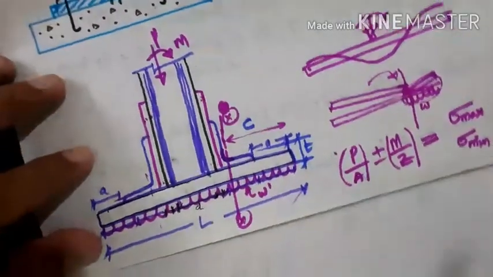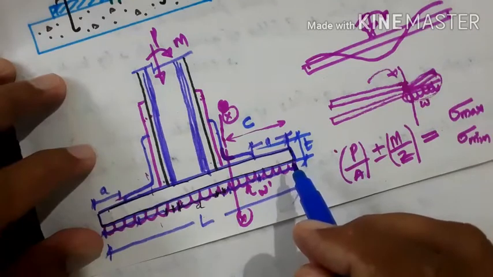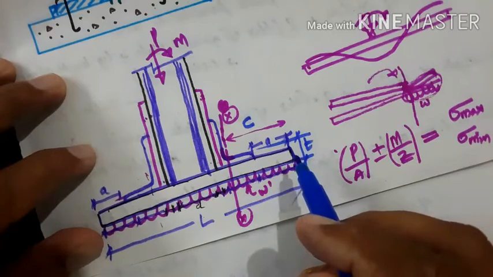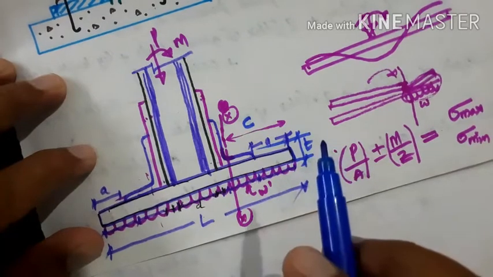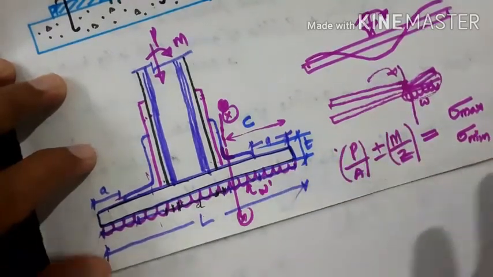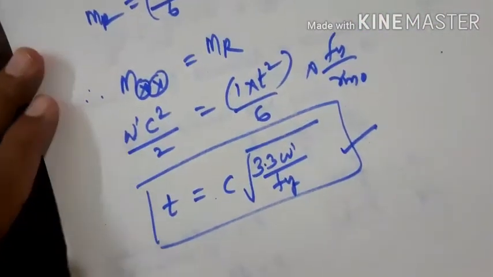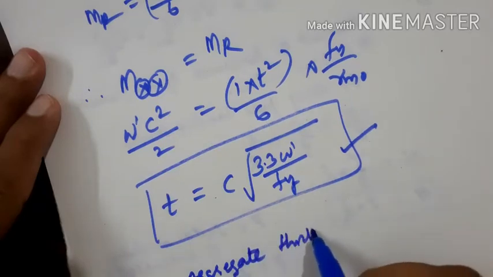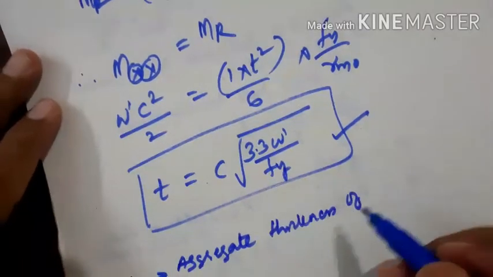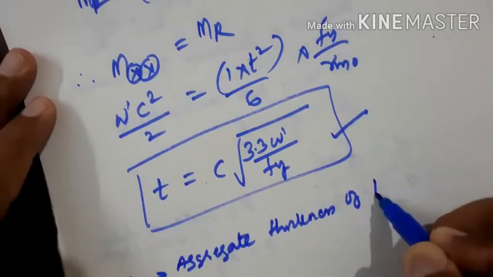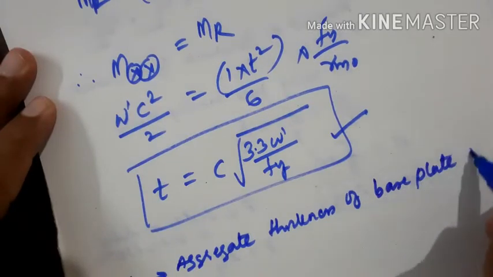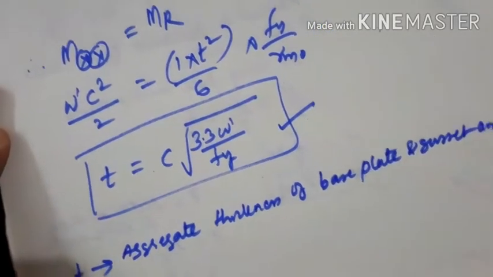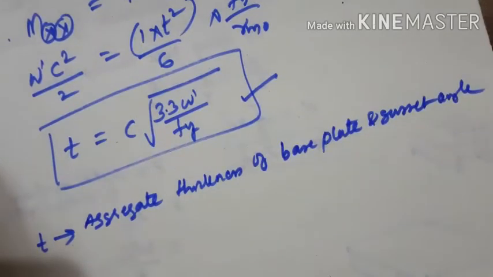So this will be the aggregate thickness of base plate and gusset angle for bolted gusset base, and the thickness of the base plate for the welded gusset base at the critical section. So this t will be the aggregate thickness of base plate and gusset angle.